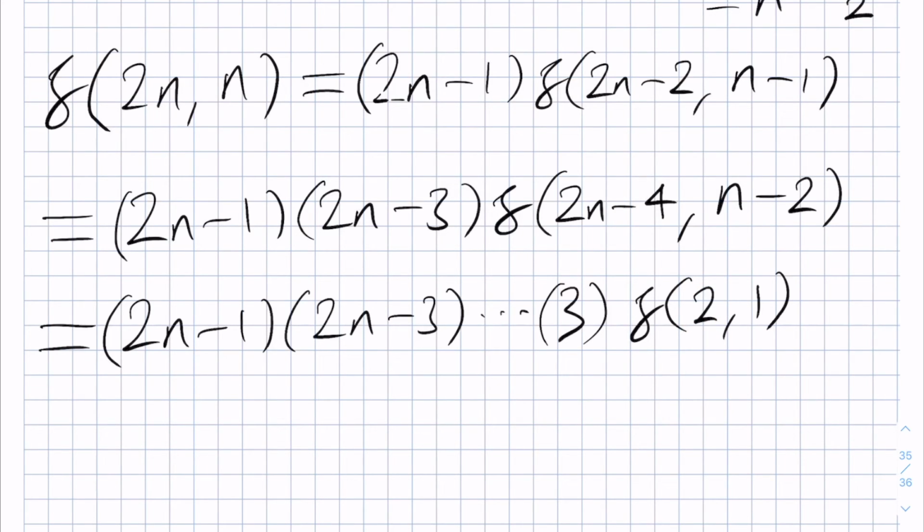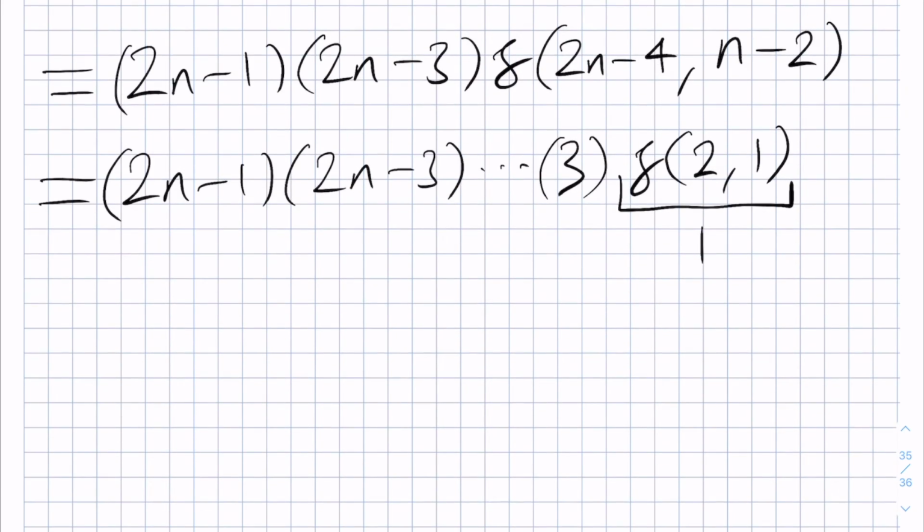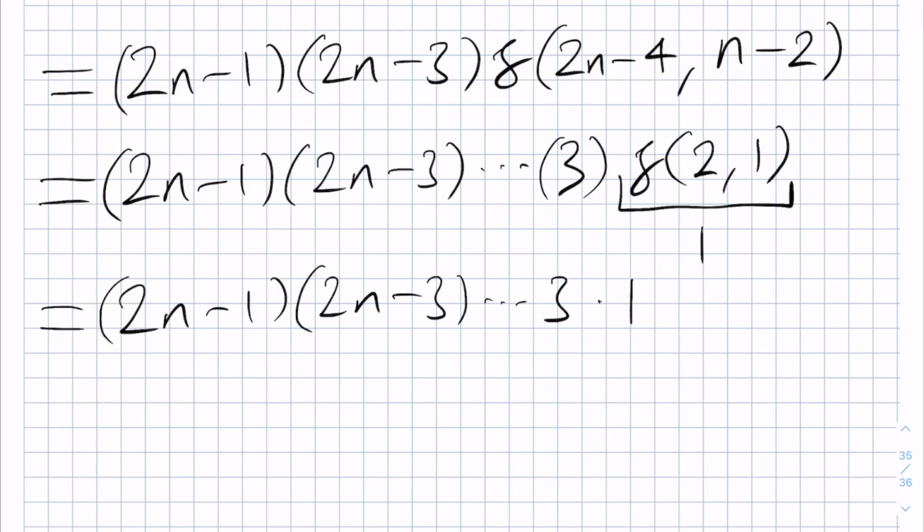Instead, we directly compute f(2, 1), and as we noted in part 2 of the question, this is equal to 1. Therefore, we have (2n minus 1)(2n minus 3) all the way down to 3, and then times by 1.